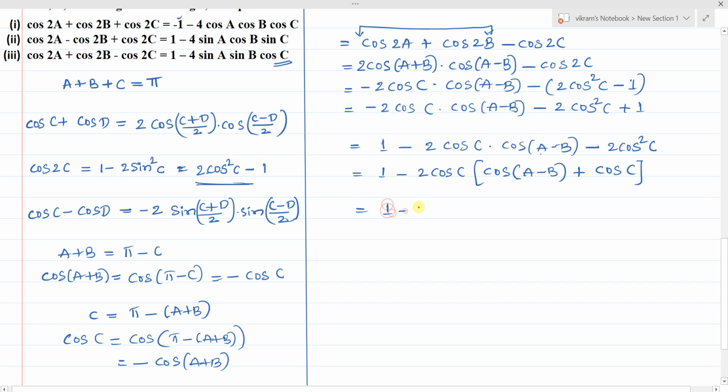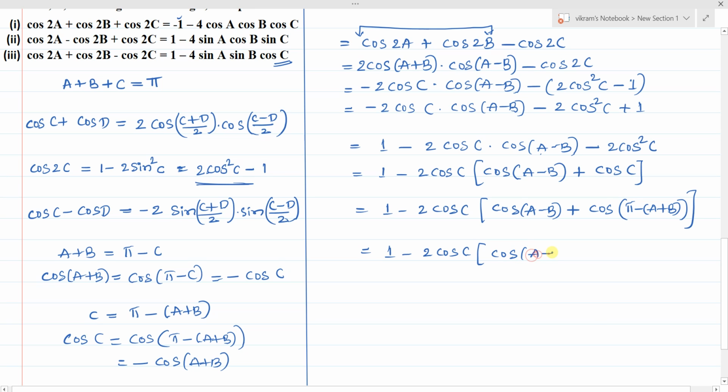Now it is 1 minus 2 cos c into cos of a minus b, and here we can simplify by writing cos c as 180 minus of a plus b. Then directly we can write 2 cos c into cos of a minus b, and now here we can write minus cos of a plus b.